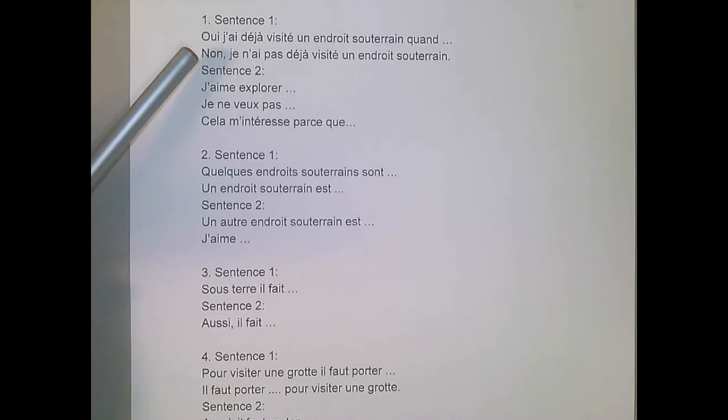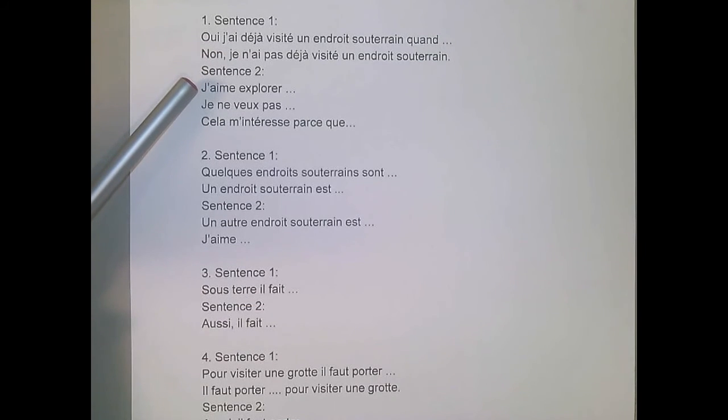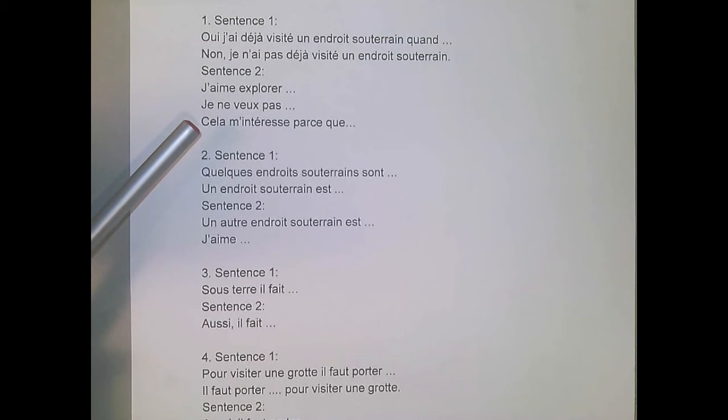Or if the answer is negative, non, je n'ai pas déjà visité un endroit souterrain, and certainly you can add more detail to that. A second sentence might tell us j'aime explorer, I like to explore, and give us some details. Je ne veux pas, if you are not interested, please elaborate on that and make it a complete sentence. Or cela m'intéresse parce que, this interests me because, give us a reason.